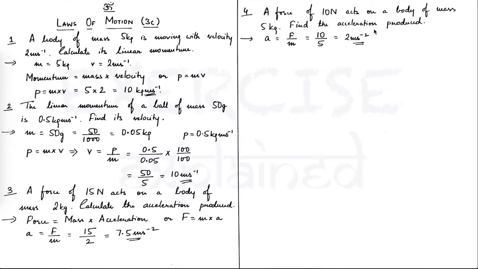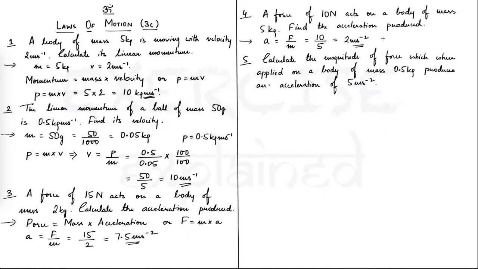So here again I'll be using a is equal to F by m. That basically comes from the formula F is equal to ma. That happens to be 10 by 5. So 10 by 5 is 2 meter per second square. So acceleration is 2 meter per second square.